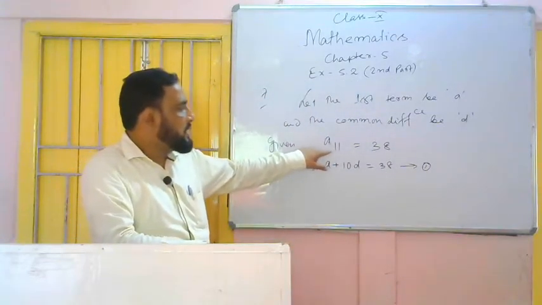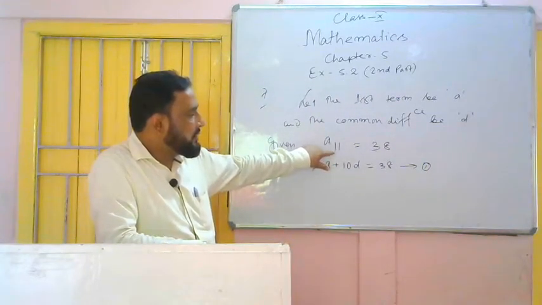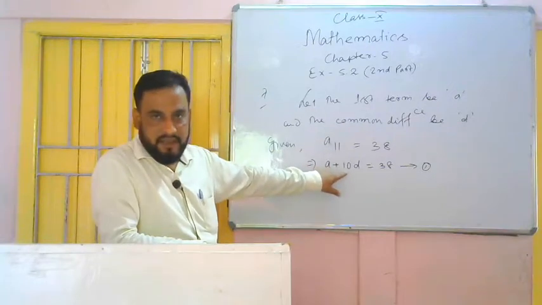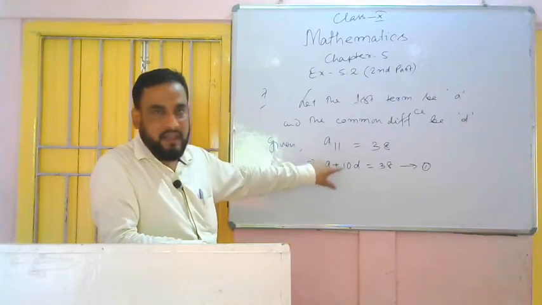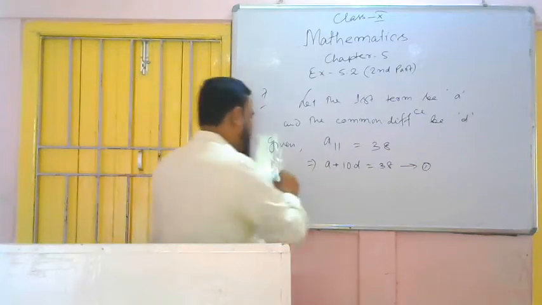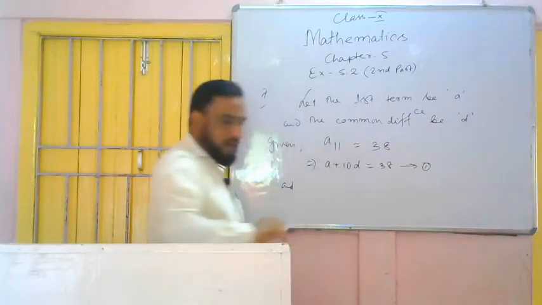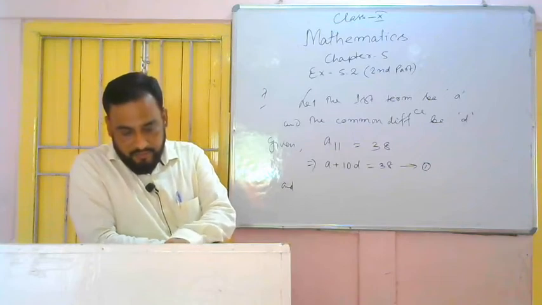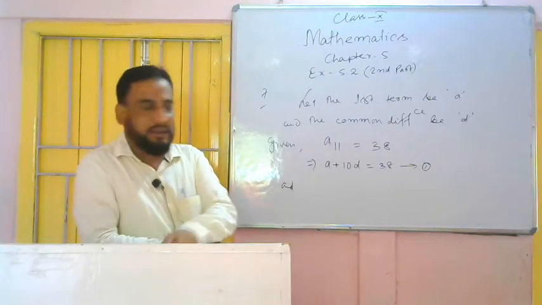Earlier I said 11, if 11 is there, then 11 minus 1, that is 10. If n is there, then n minus 1. And second condition is 16th term is 73.